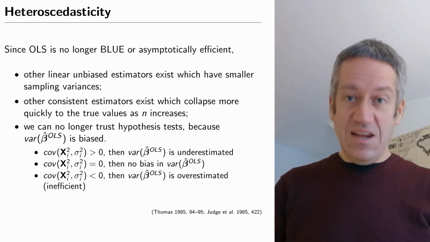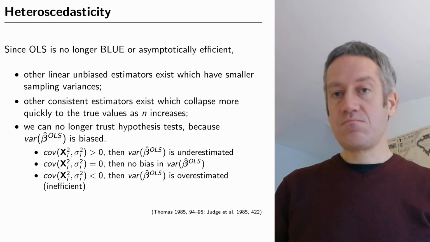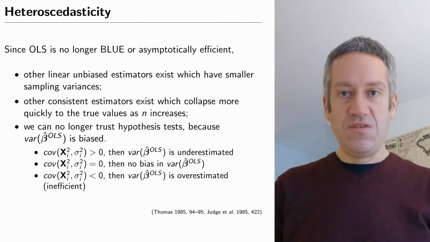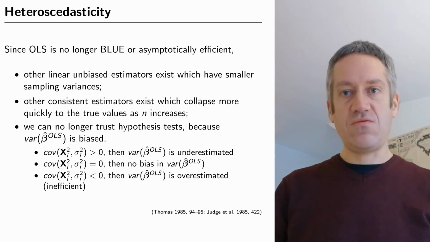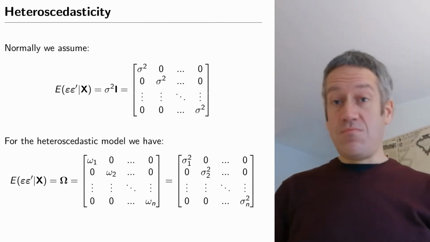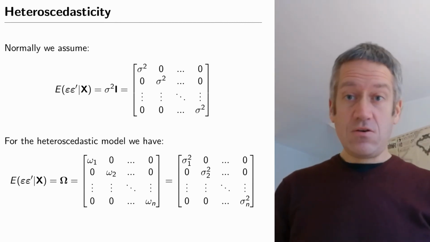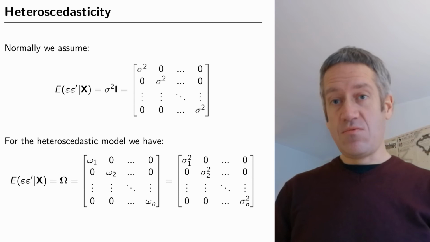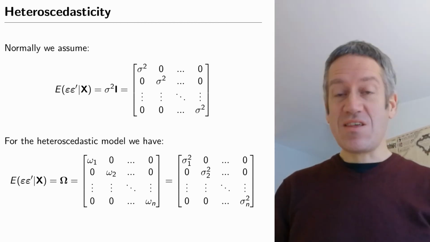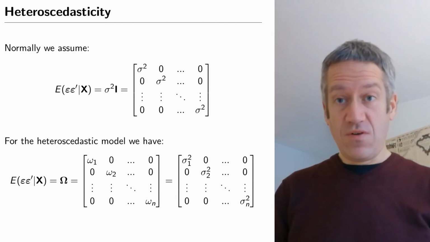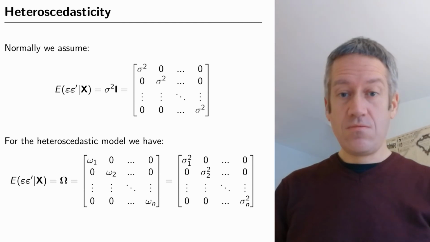So when the data is heteroskedastic, it becomes problematic to look at the significance test, the t-test, for each of the coefficients. We looked at this matrix, the expected value of epsilon times epsilon prime.